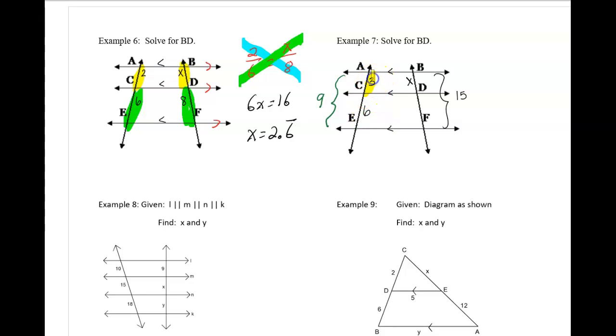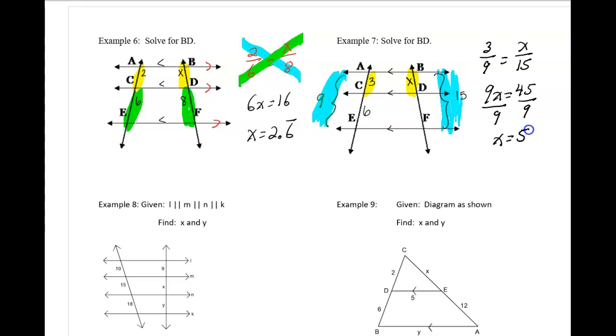The top piece of 3 to the whole piece of 9 is equal to the top piece of x divided by the whole piece of 15. So that proportion was 3 over 9 is equal to x over 15. When you multiply, you get 9x is equal to 45. Divide by 9, x is equal to 5.